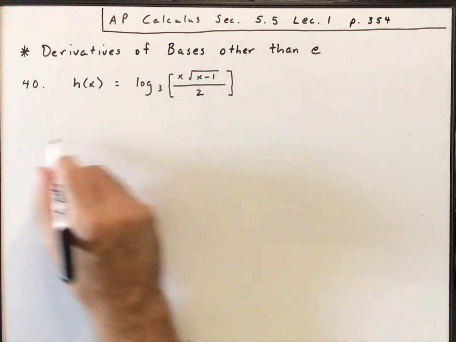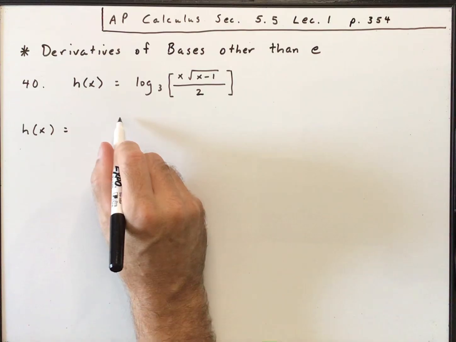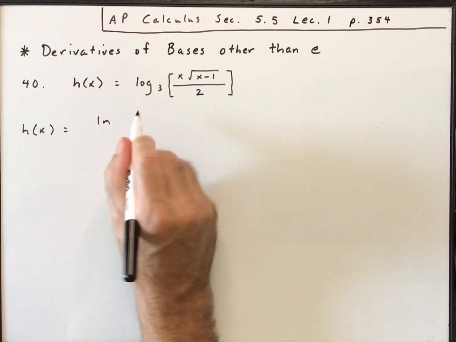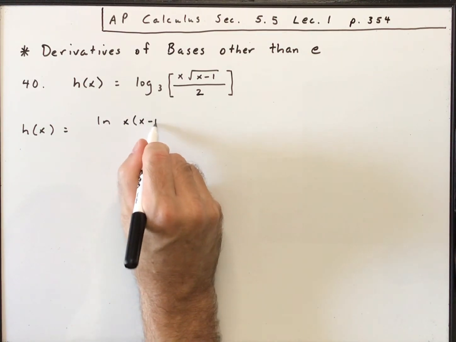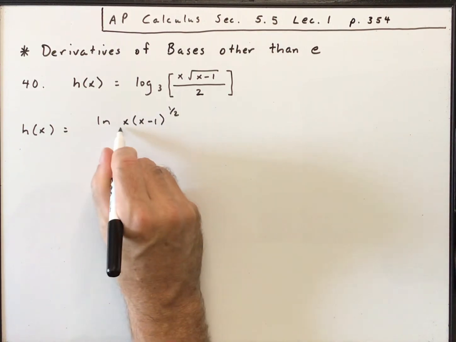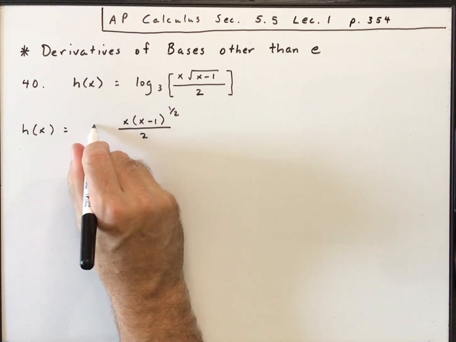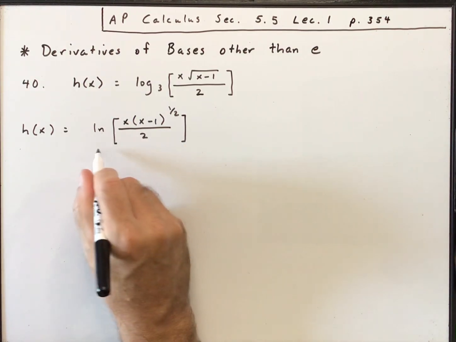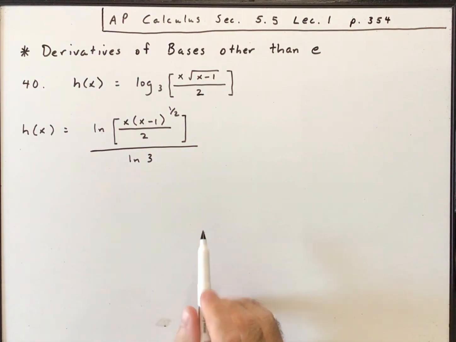So I forgot there to go ahead and use the change of base formula. So I'm going to have the natural log of x times (x minus 1) to the 1/2 over 2, over the natural log of 3.